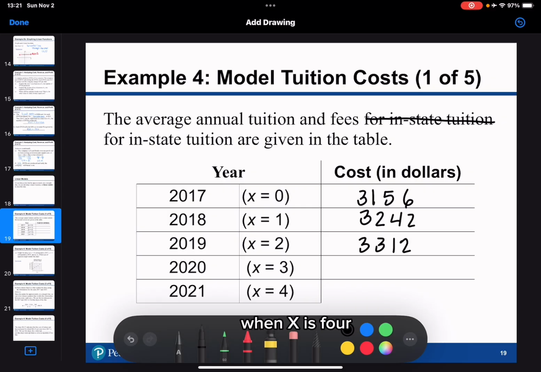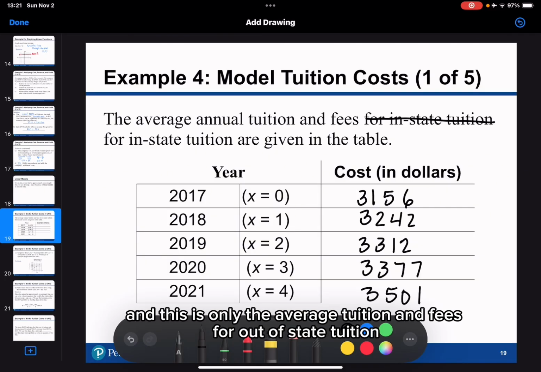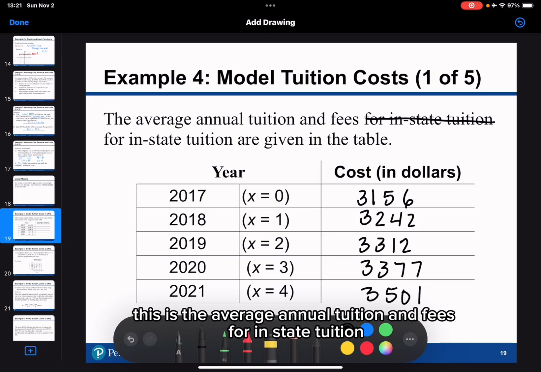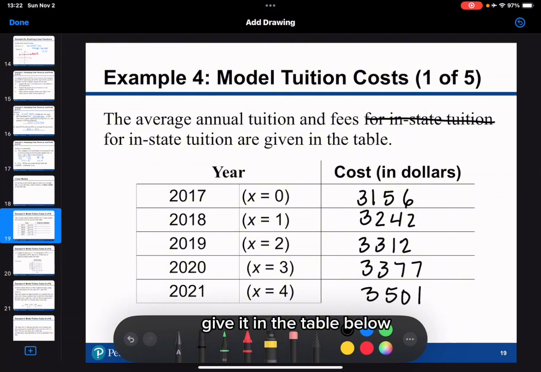When X is 4, it's $3,501. Remember, this is the average annual tuition and fees for in-state tuition given in the table below.